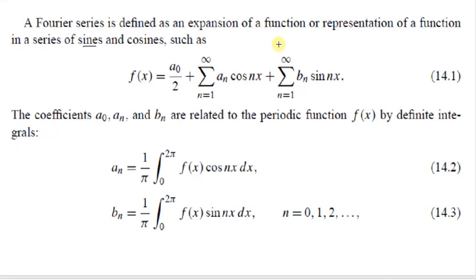Okay. Now what about bn? Bn is given by 1 by pi integral from 0 to 2 pi f of x sin nx dx, and n is equal to 0, 1, 2, etc.